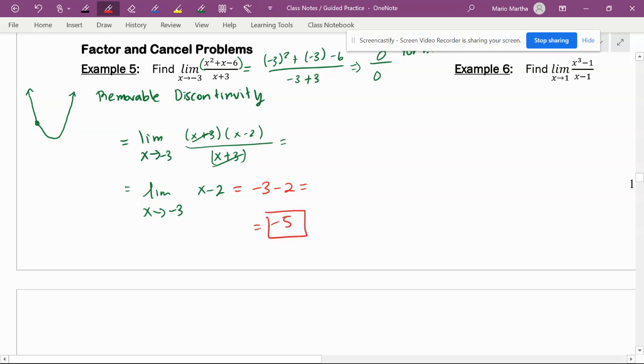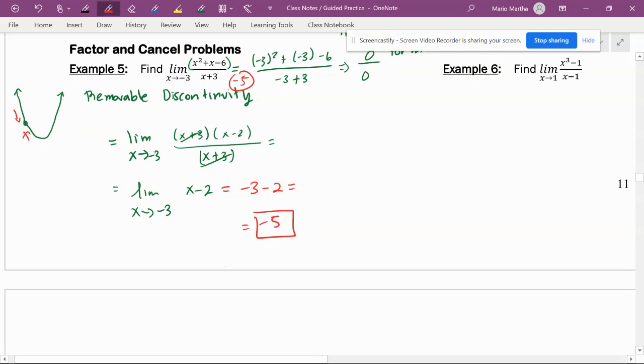If we look at this graph, we can say that this is approaching -5. The undefined value on the graph would be (-3, -5). So it's just an extra step. You have to do some algebra here to be able to determine it.